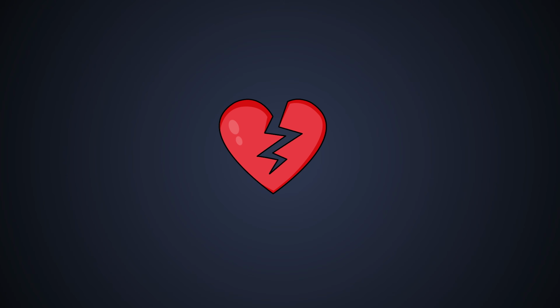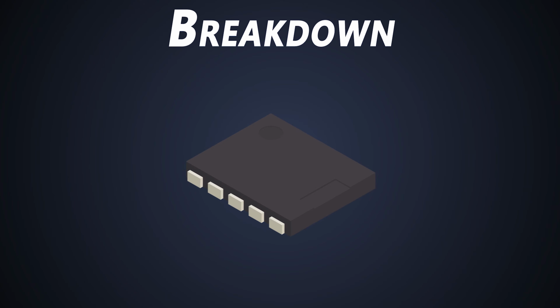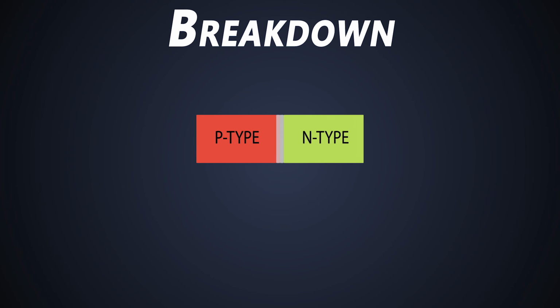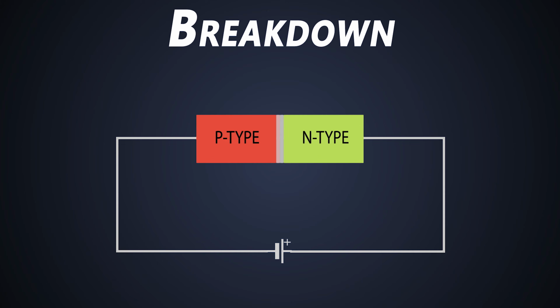We need to understand what the breakdown of a semiconductor is and how it occurs. Let's say there is a p-n junction of a semiconductor. When it is reverse biased, a very small amount of current flows through the p-n junction.